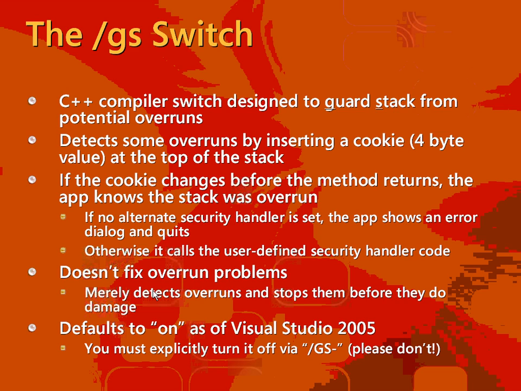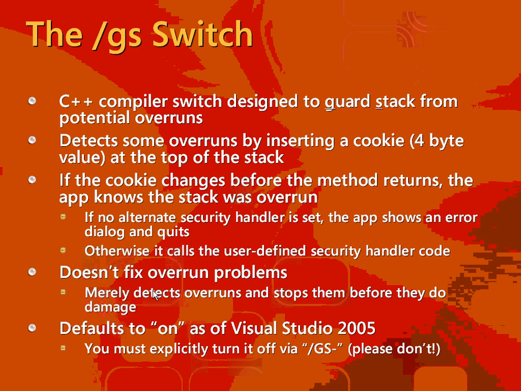You can also set up security handlers that will be called in the event that a buffer overrun is detected. Otherwise, it will just close the application after showing an error dialog. Keep in mind that this does not fix overrun problems, it merely detects overruns that might occur and stops them before they do real damage.